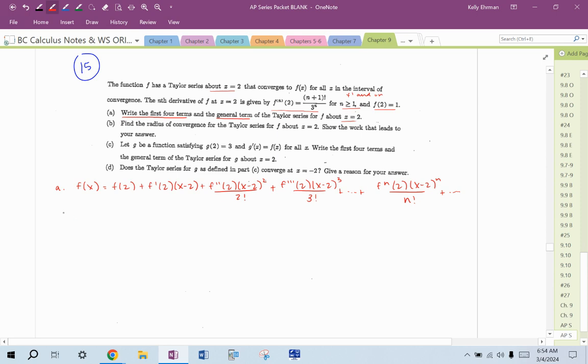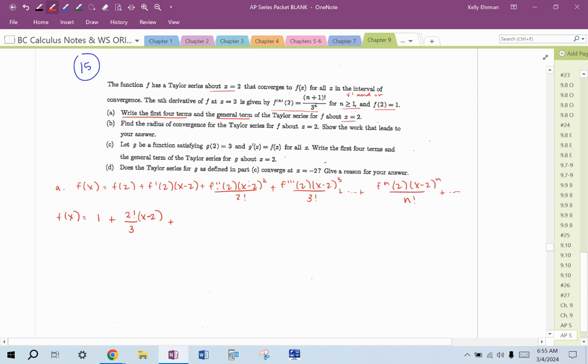And then you can plug in the numbers that you have, and remember, simplifying is optional here. So f of 2 is given to us as 1. F prime of 2, we've got to plug that in. So when we plug in 1, we get 2 factorial over 3, and then it's times x minus 2.